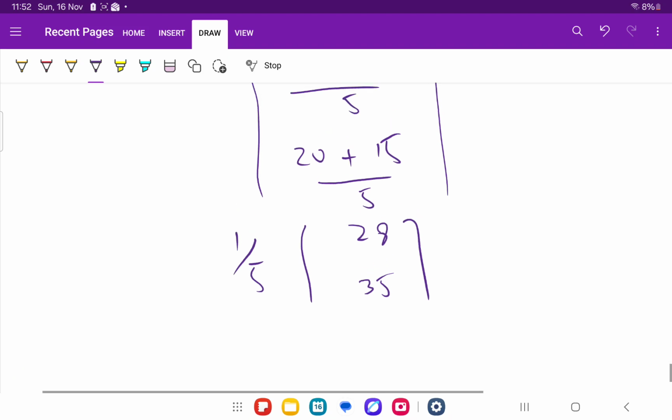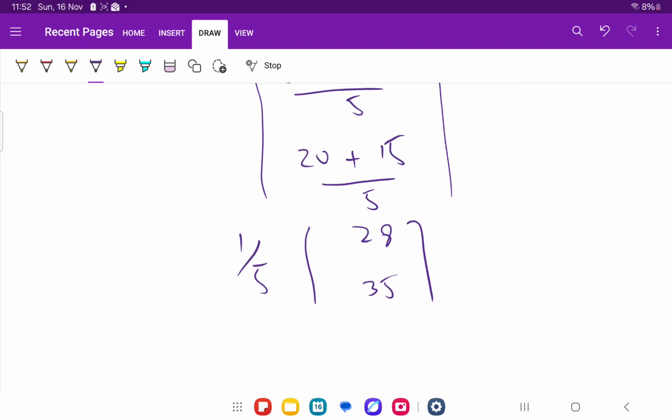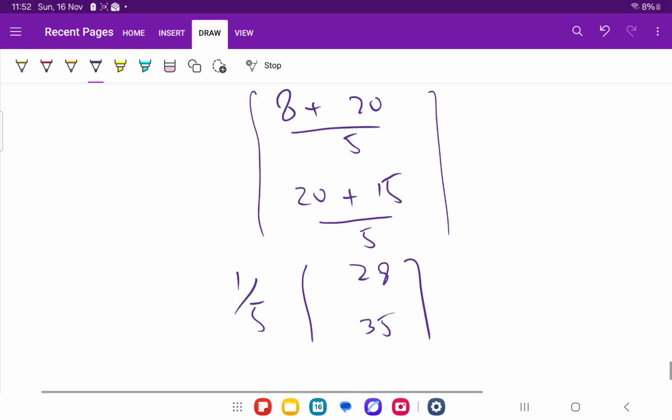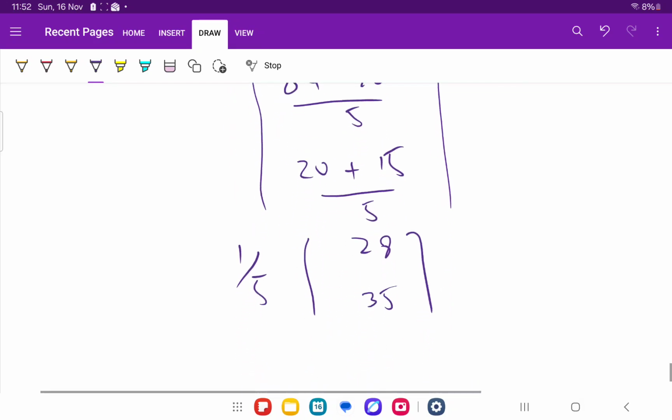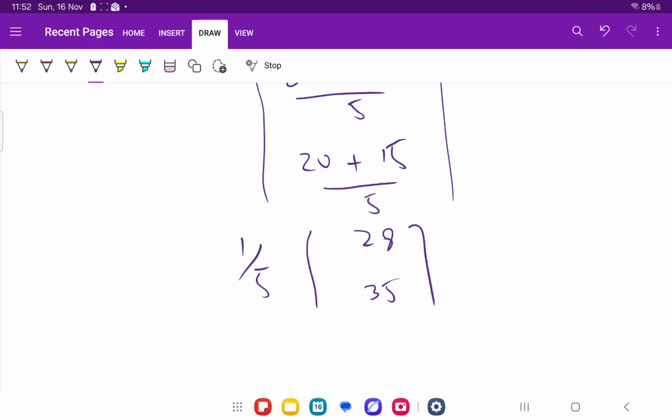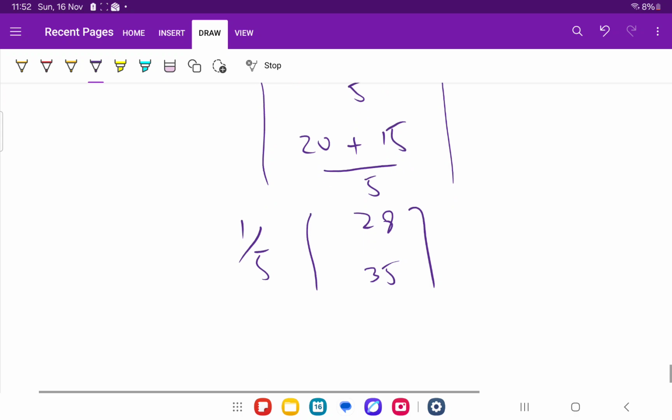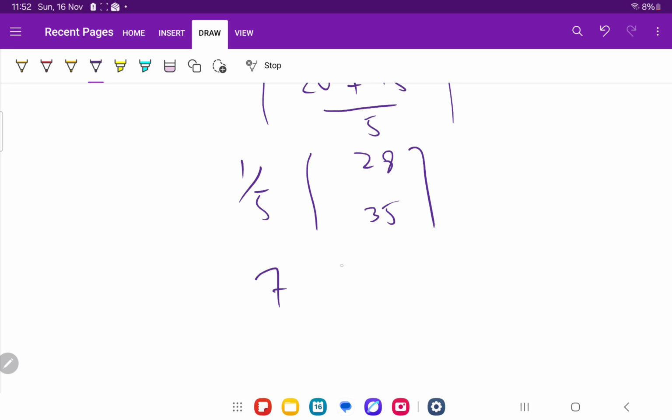And from here we simply try to find what the 35 can have in common, so it should be 7, yes, 7 and 5.